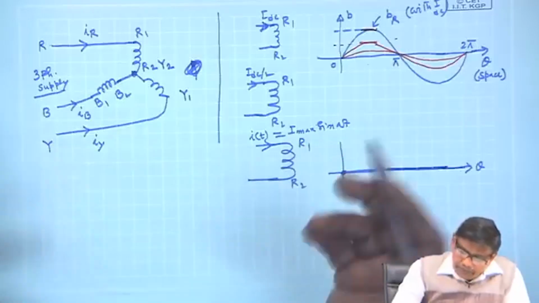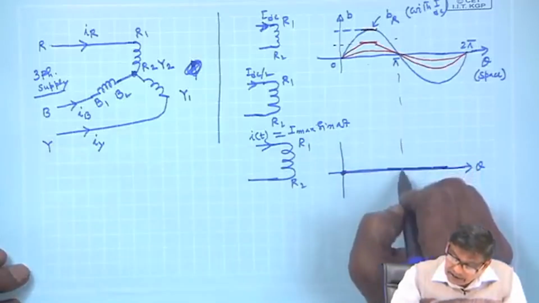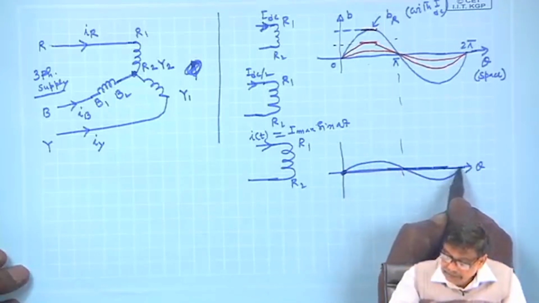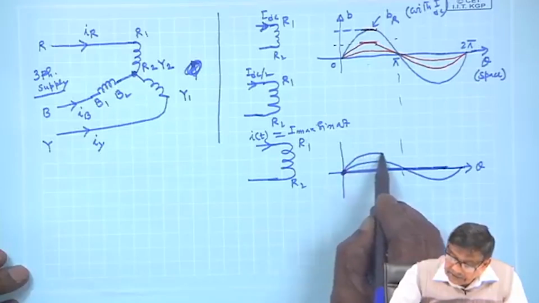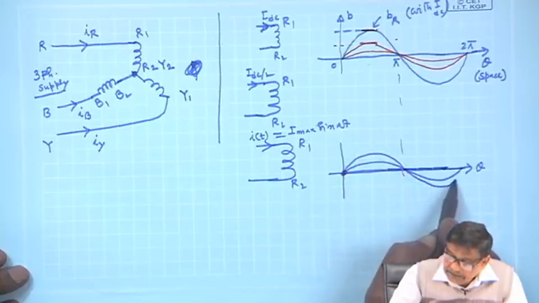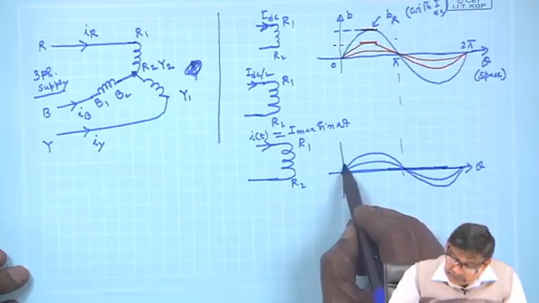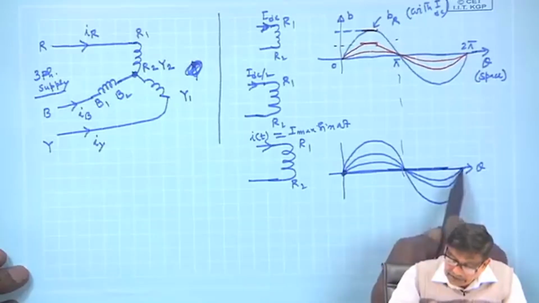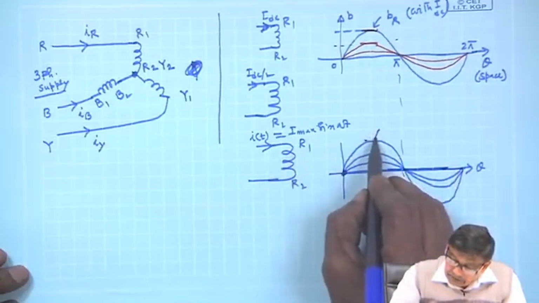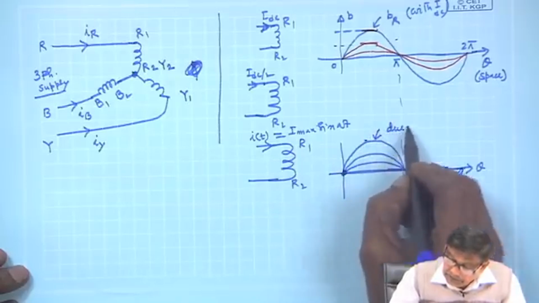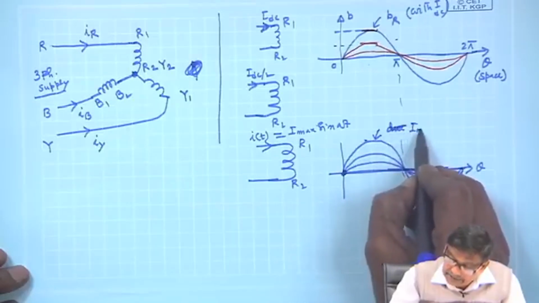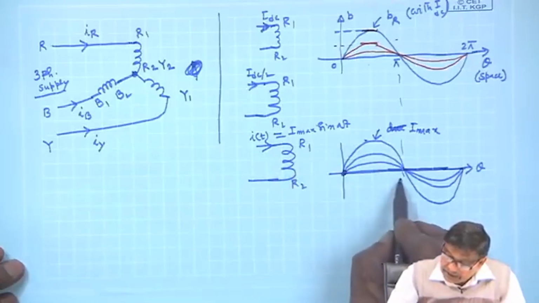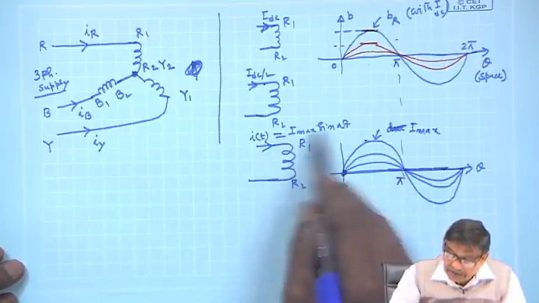When current becomes 1 ampere, it will have some B distribution like this. Current increases, it will be like this. Current becomes I max, plus I max, this is the B distribution for I max. And I also notice this current will become negative sometimes.